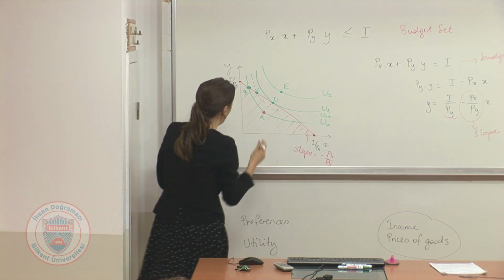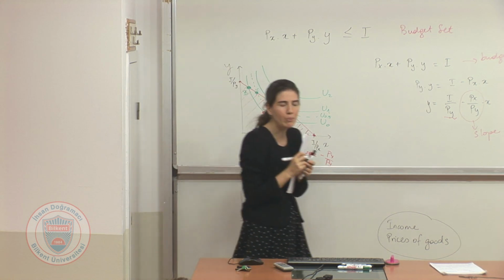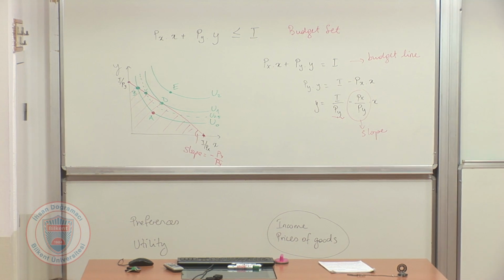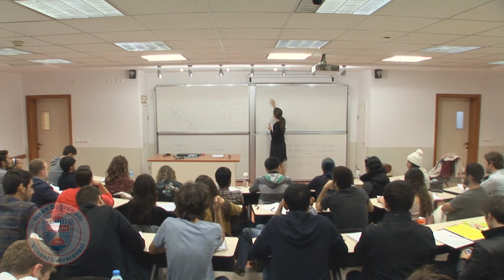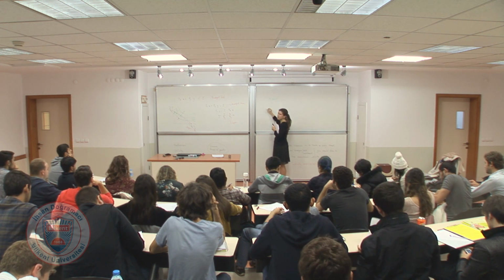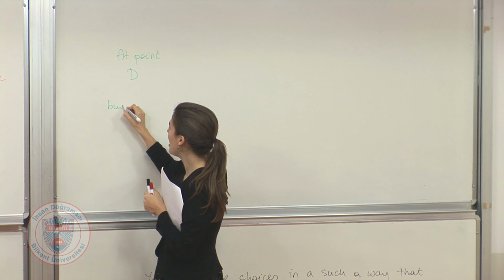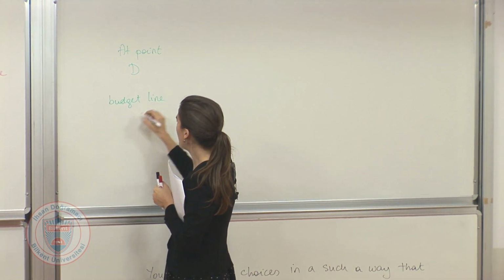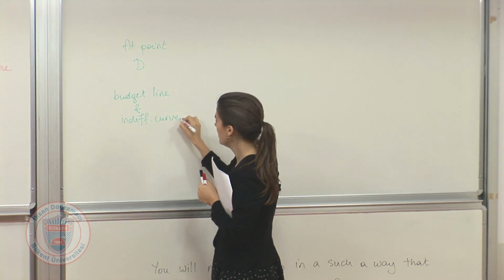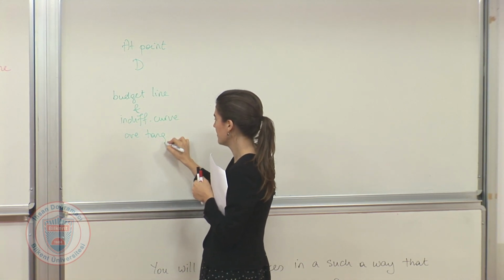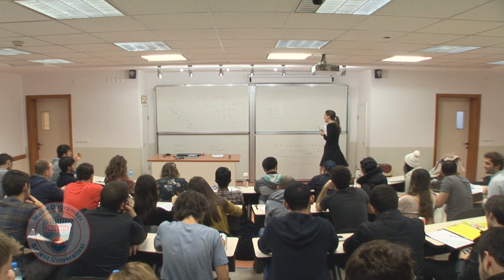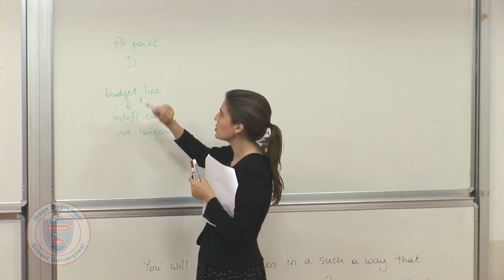So you figured out that, hocam, the optimal point is point D, fine. And at this point D, we know that there is tangency: the budget line and the indifference curve are tangent.